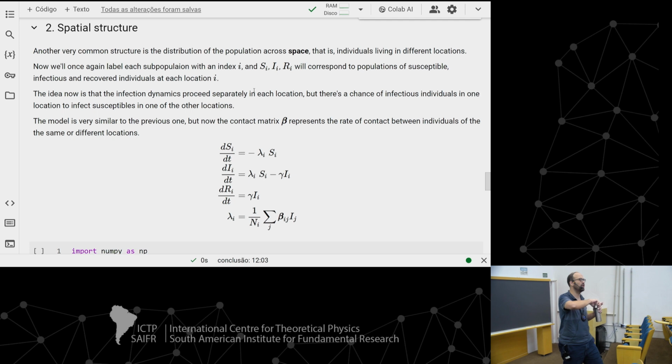Either you have an infectious individual from city 1 going to city 2 and infecting people there, or you have people from city 2 going to city 1, getting infected there, and then going back to city 2. One of these situations. If people go to city 1, get infected there, but don't come back, then you don't have the disease arriving at city 2. Make sense?